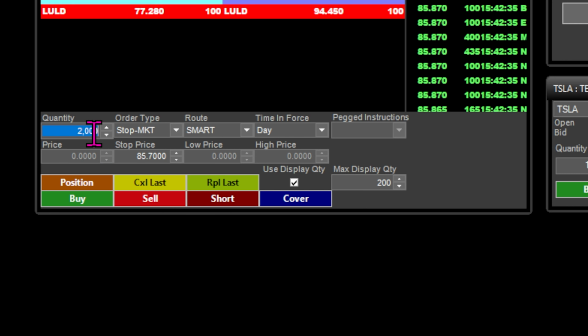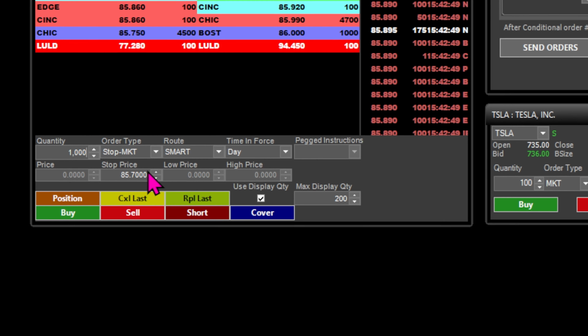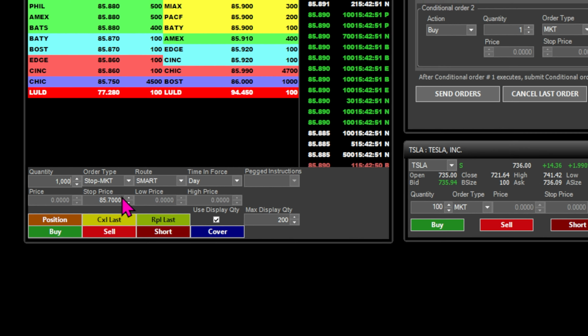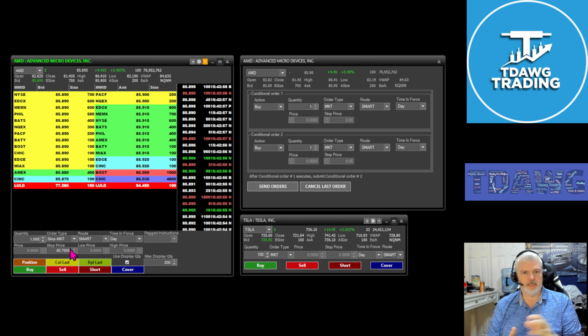I might have 2,000 shares, but I can put out a stop market order for just half my position. So let's say I risk half my position at 85.70. I might risk the other half at 85.60. I might give it another 10 cents because I have a couple of different targets and I'm looking for the right amount of risk to reward on each set of shares.